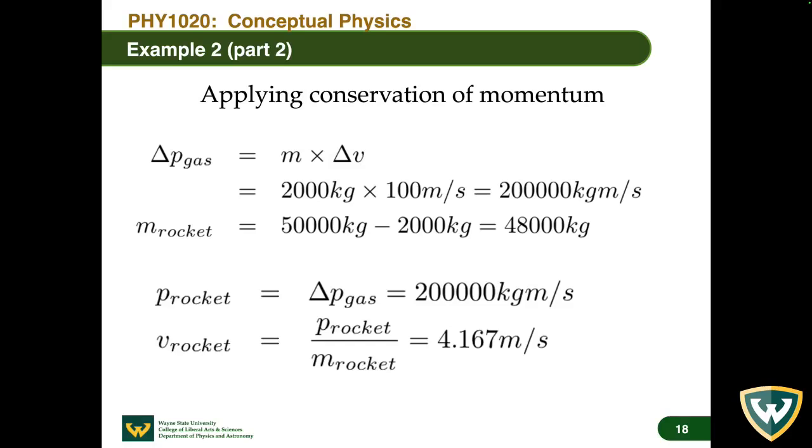It is this change in momentum that will cause the acceleration of the rocket. We will calculate in a moment the change in momentum of the gas. That will be equal to the mass of the rocket times its change in velocity. Sorry, let me take a step back here.